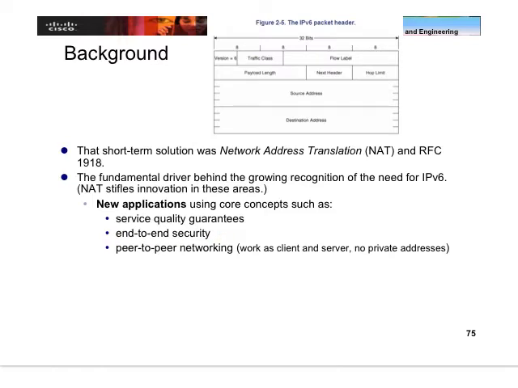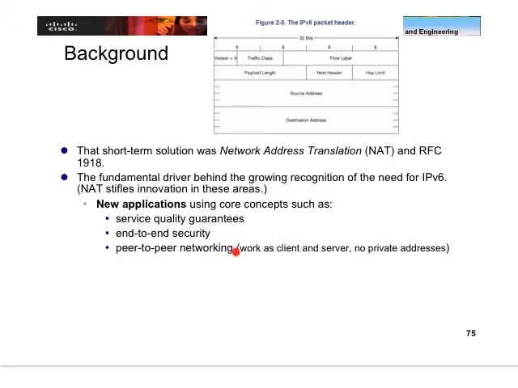Also, end-to-end security is one of the features that has been provided in IP version 6, and that's because IP and the network layer in general did not support security initially, and that was one of the issues: if the routers are compromised, then the whole network is actually in jeopardy, and it's affected badly.